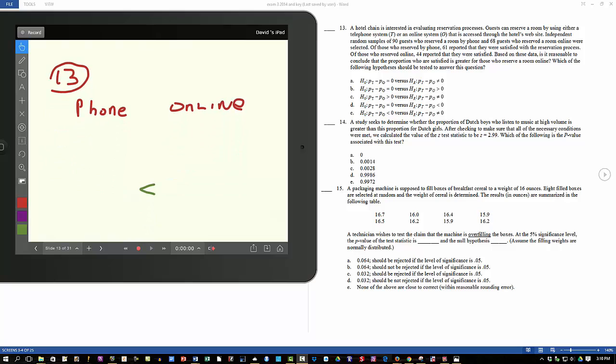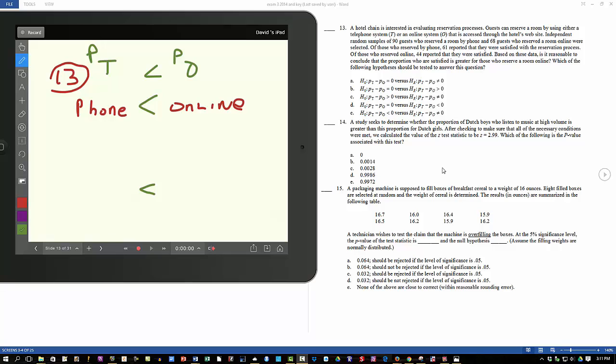So online greater than phone, which means phone less than online, or T less than O, or PT less than PO there, and so our answer will be D for number 13.